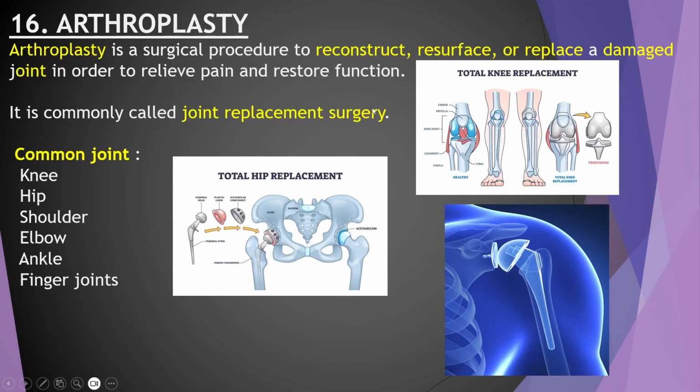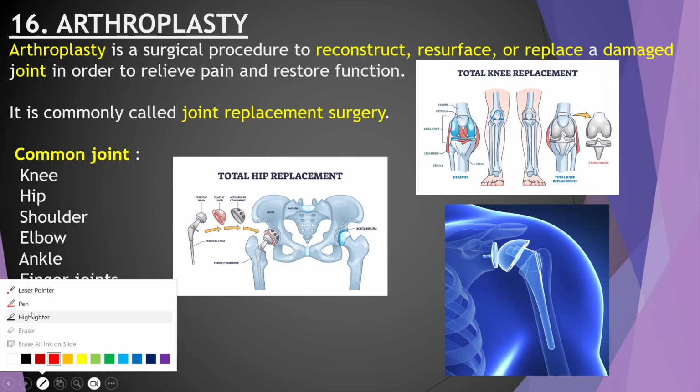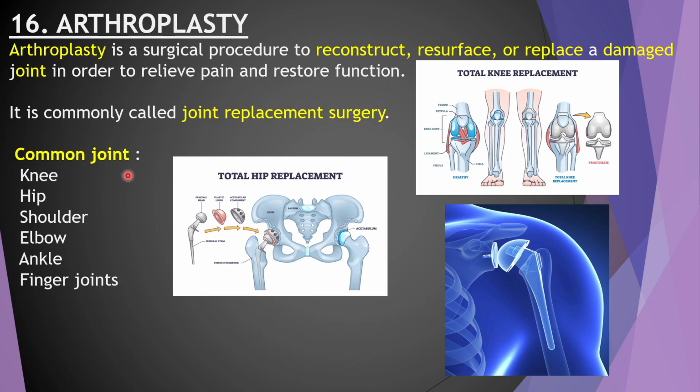The arthroplasty topic. So, what do you mean by arthroplasty? Here we can divide it into two parts, that is arthro and plasty. Arthro means joint and plasty means repair, replacement, or reconstruction.